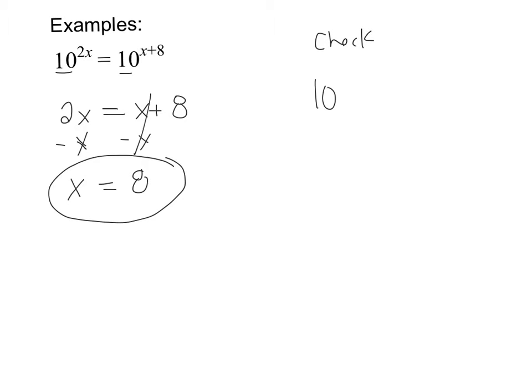If we plug it in, we have 10 to the 2 times 8, and we want to know if that is equal to 10 to the 8 plus 8. Well, we know 2 times 8 is 16, and we know 8 plus 8 is 16. So that is our solution. Just like any other equation, you can always plug it in and check.